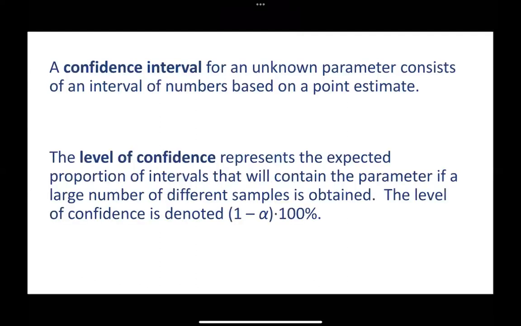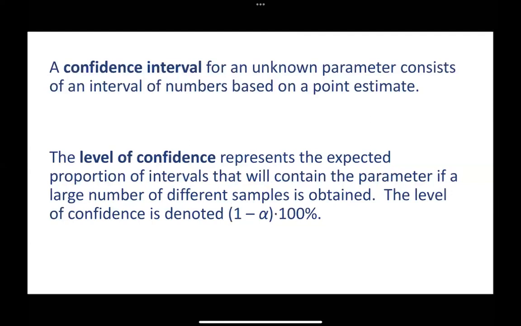So the level of confidence is the expected proportion of intervals that contain the parameter. Basically, if I was 95% confident that the population parameter was in my interval, and I took 100 samples, 95 of those samples would contain the actual population proportion of people with that characteristic.